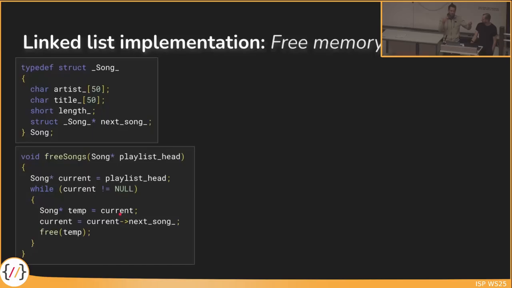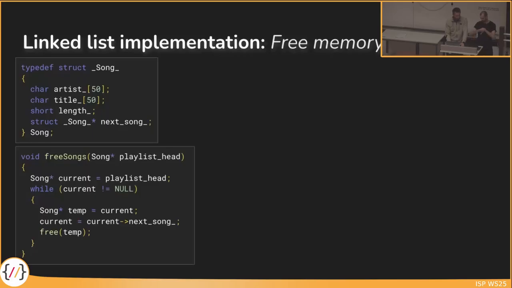And then, since with current we have a pointer to the next song, we can free this previous song, which is called temp. So it is important not to free the current, but the previous or temp one.